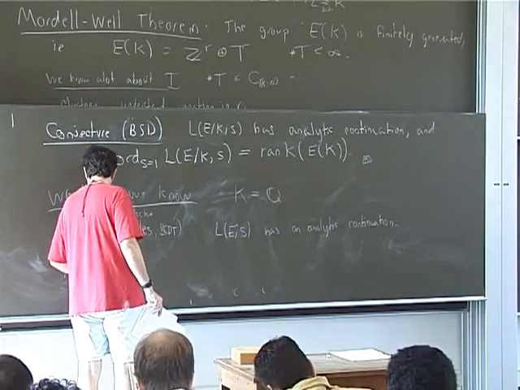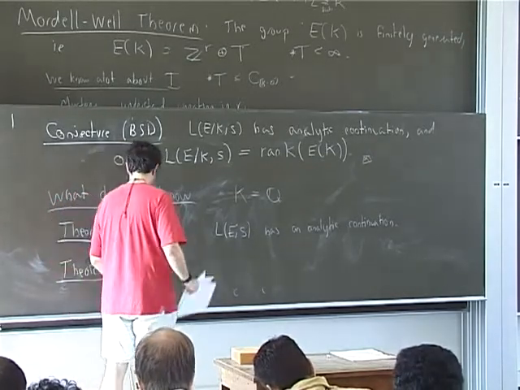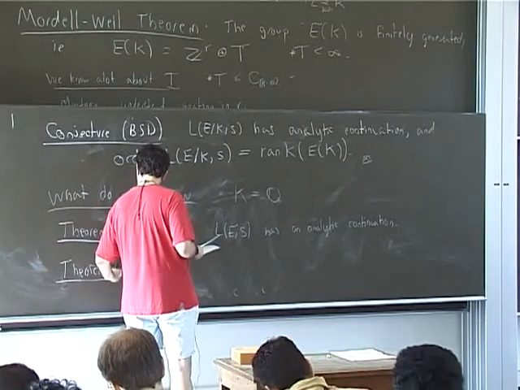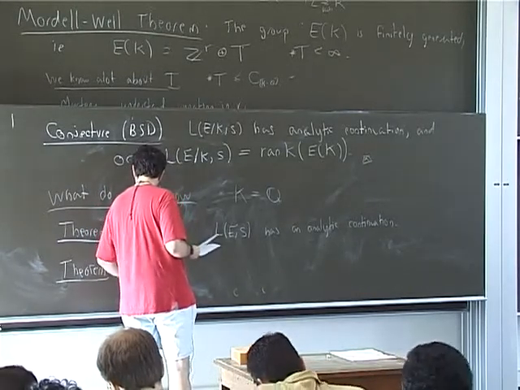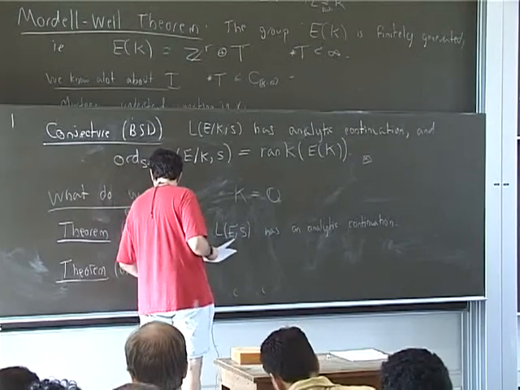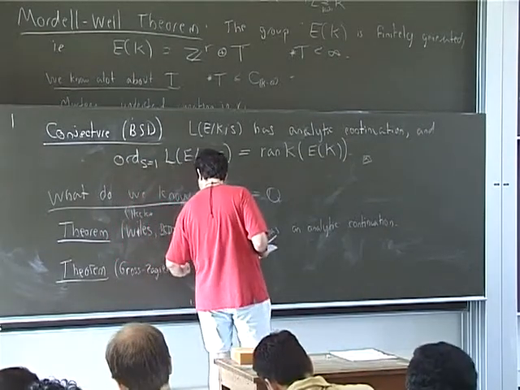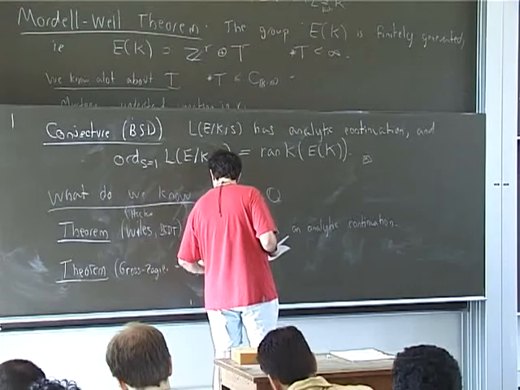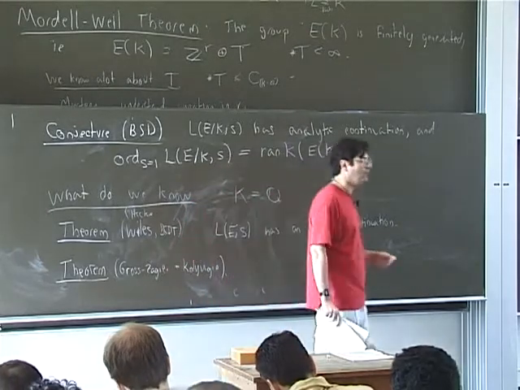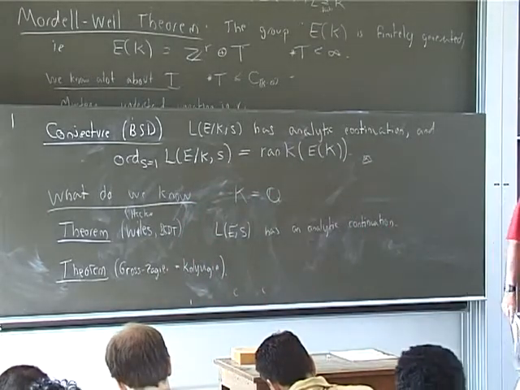So this is a general result. And the second theorem, which follows by combining two different pieces of work, one by Gross-Zagier and the other by Kolyvagin, is that we know this BSD conjecture if the order of vanishing of the L function is not too large.